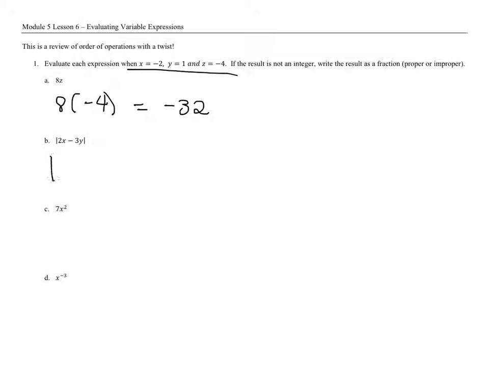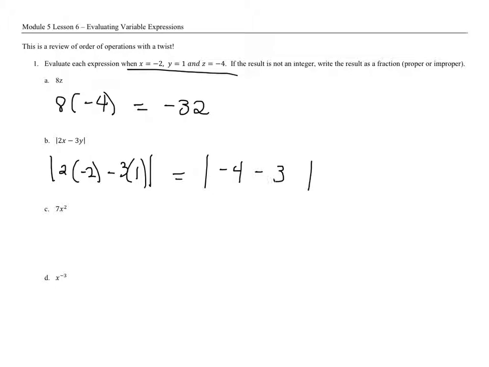B is the absolute value of 2 times whatever they gave us for x, which is negative 2, minus 3 times whatever they gave us for y, which is 1. Keeping the absolute value symbols until the very end, let's evaluate what's inside. 2 times negative 2 is negative 4, and then 3 times 1 is 3.